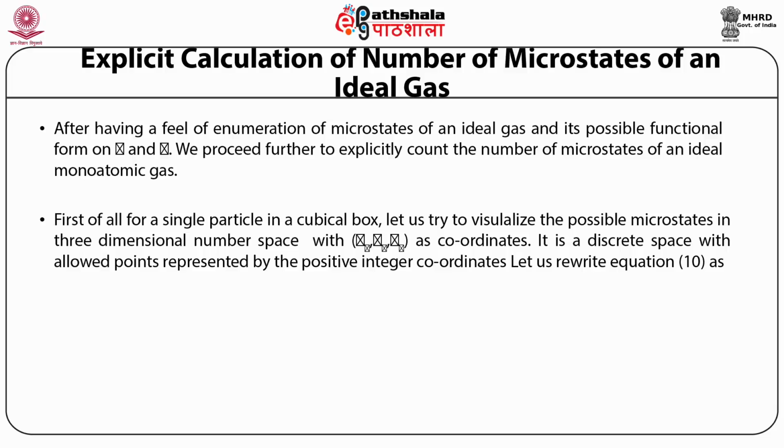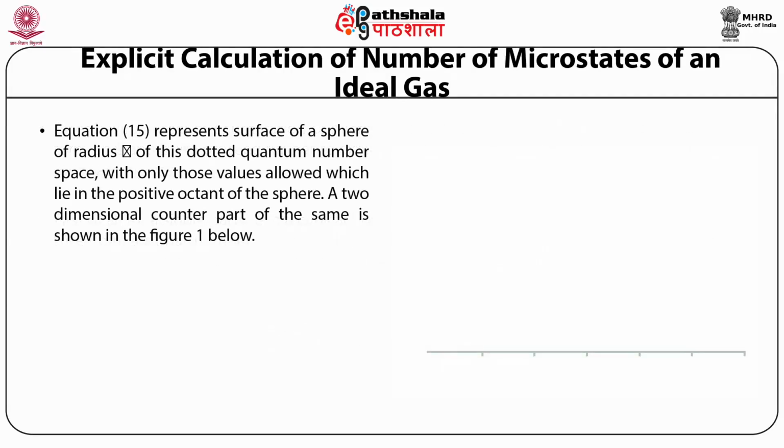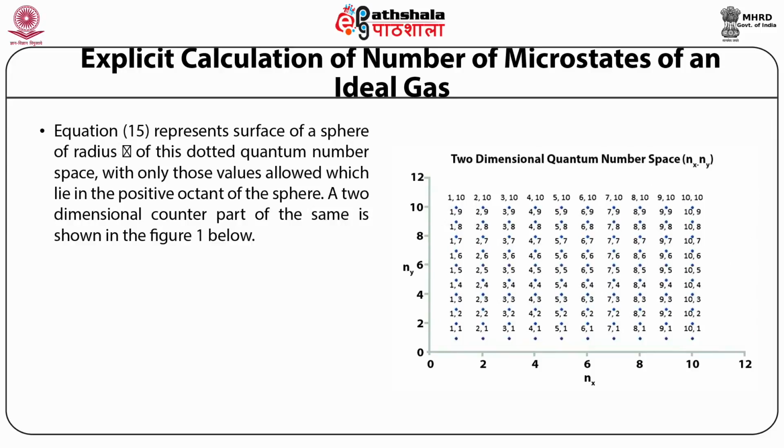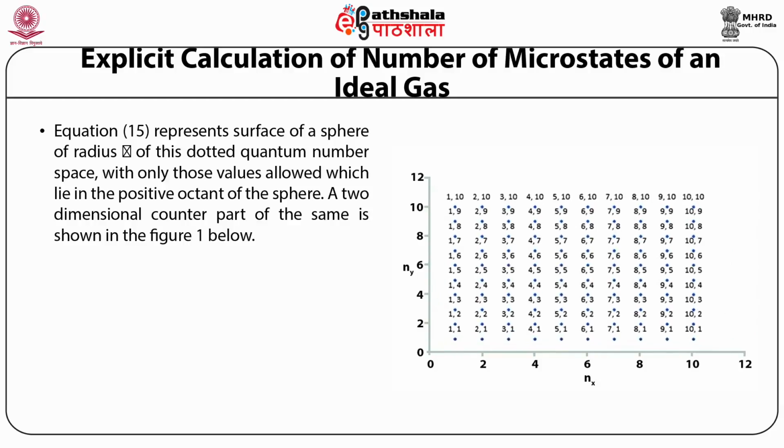Let us write equation 10 as nx square plus ny square plus nz square is equal to epsilon multiplied by 8 m V raised to power 2/3 divided by Planck's constant square, which is equal to, say, r square, where r is equal to square root of epsilon multiplied by 8 m V raised to power 2/3 divided by Planck's constant square. Equation 15 represents surface of a sphere of radius r of this dotted quantum number space with only those values allowed which lie in the positive octant of the sphere. A two-dimensional counterpart of the same is shown in figure 1 below.